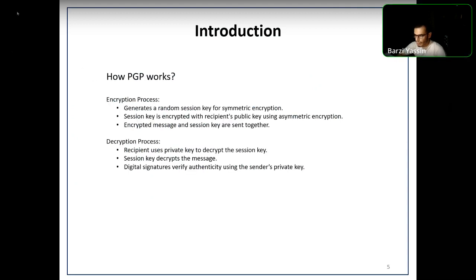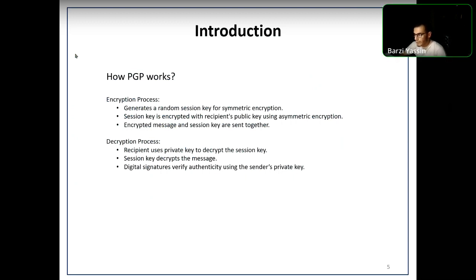And here we have another topic, how PGP works. PGP combines symmetric key and public key encryption. A random session key encrypts the data using a symmetric algorithm, and then the session key is encrypted with the recipient's public key using an asymmetric algorithm and sent with the encrypted message.